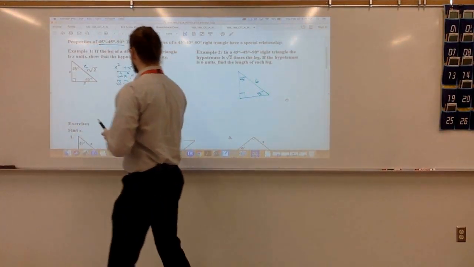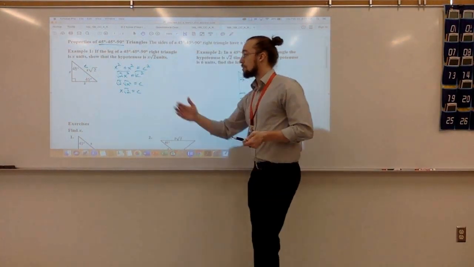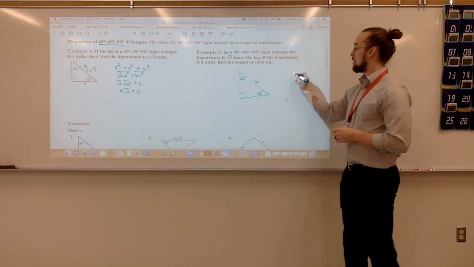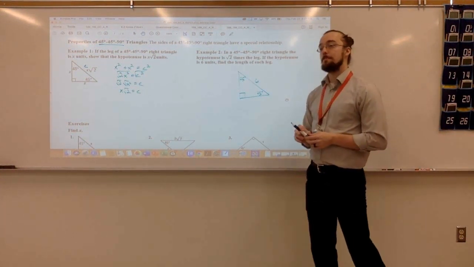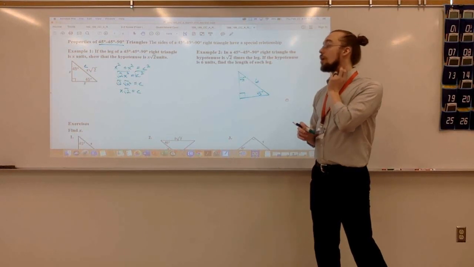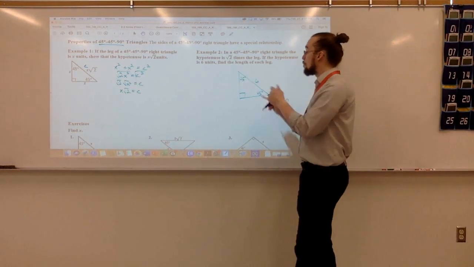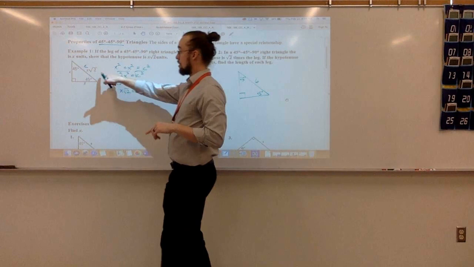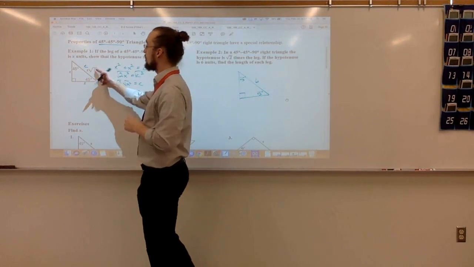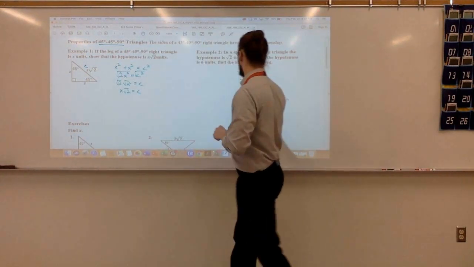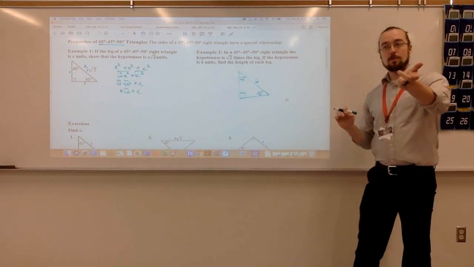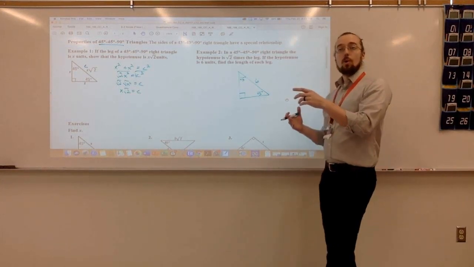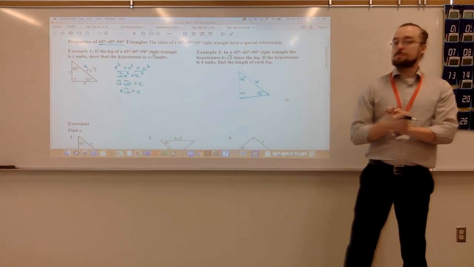We could go through this process. We know that the hypotenuse is 6. If we're thinking in terms of something like this, we could set it up as the Pythagorean theorem. It's not going to be 3.